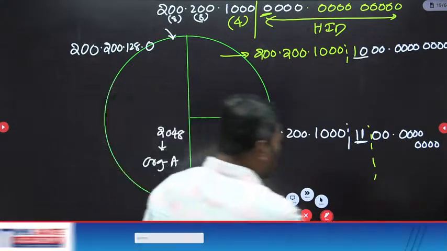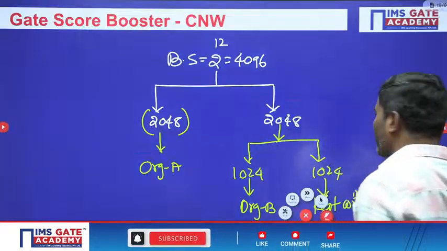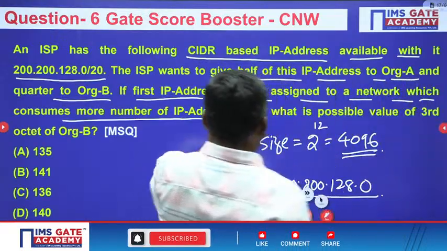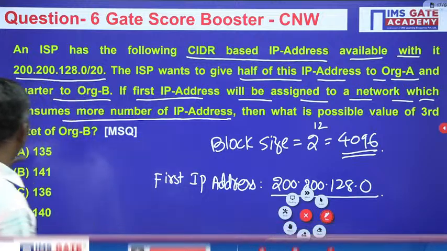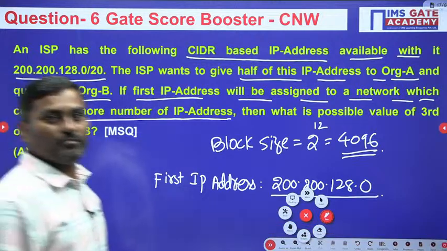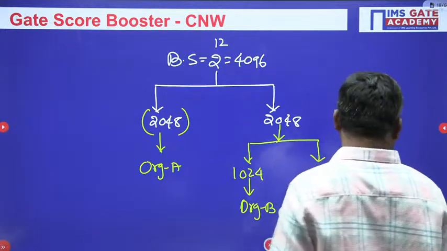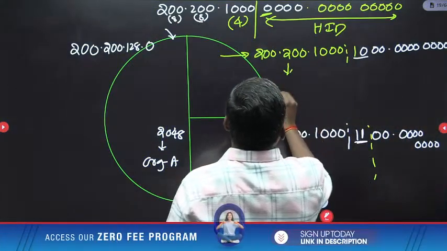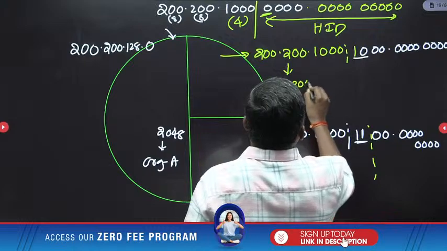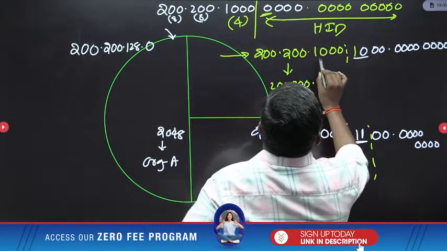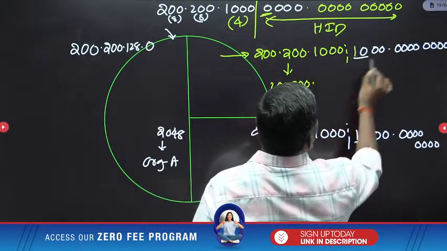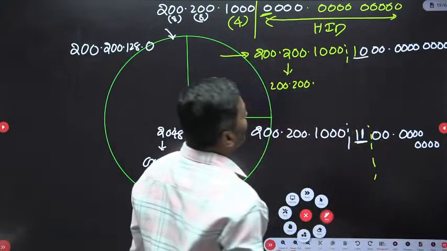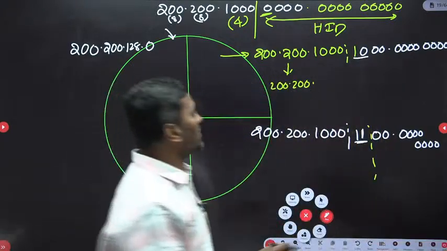Now what is the question you asked? We can answer this question from this data only. What is the possible value of the third octet of organization B? When you write this IP address here, this part, 200 dot, this value is how much? 128 plus 8, 136, correct or not?